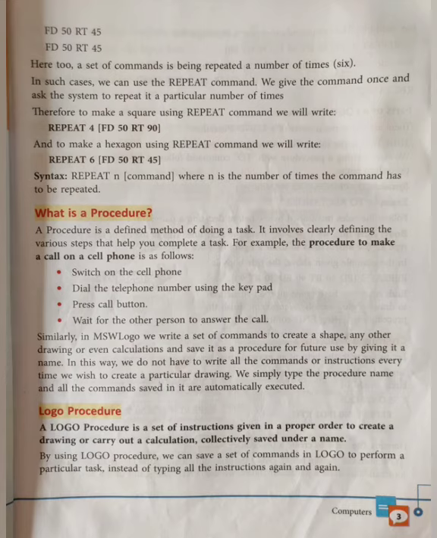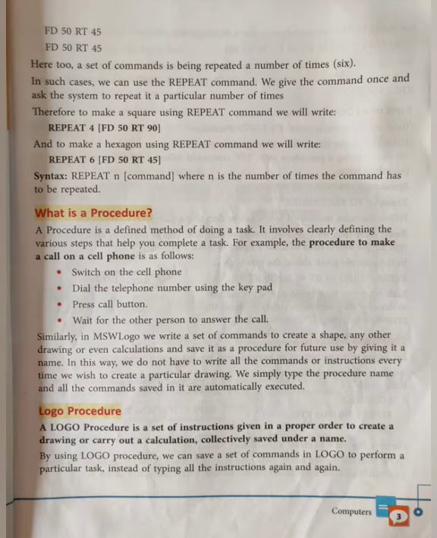Now the question is, what is logo procedure? Logo procedure is a set of instructions given in a proper order to create a drawing or carry out calculations, collectively saved under a name. So in logo procedure, we have to do some task repeatedly, then we will make an object.